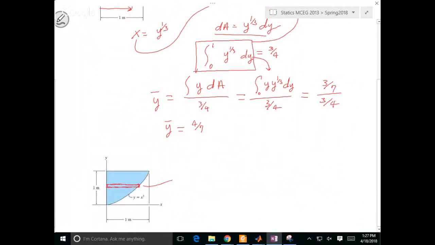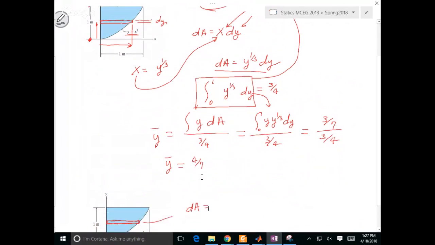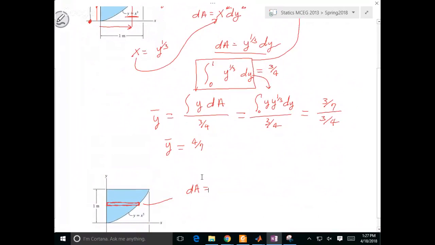So essentially, dA is equal to the same thing, y to the 1/3. Okay, let me just make it so I can view up there. However, I still get this same thing. In other words, the area is equal to 3/4.